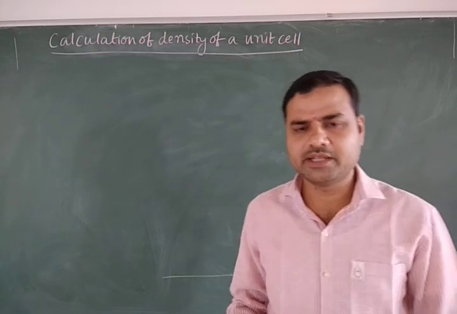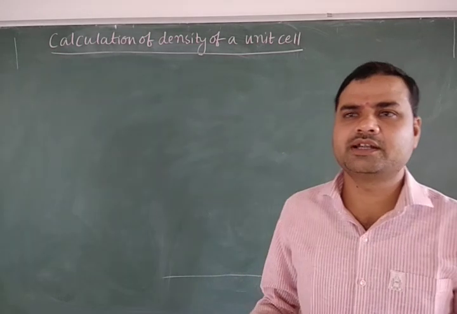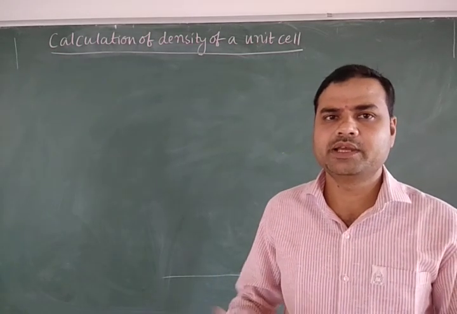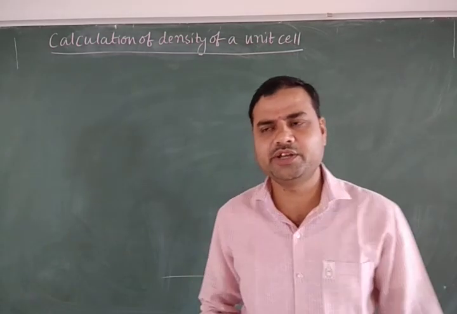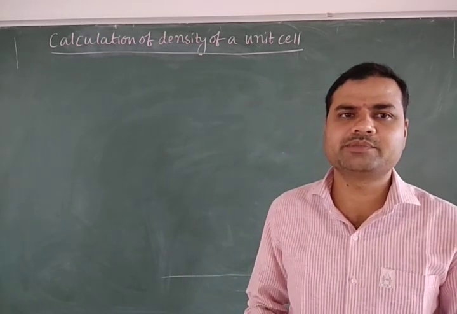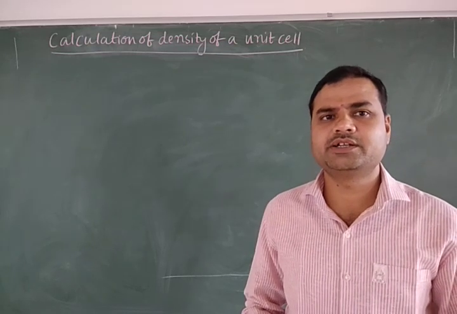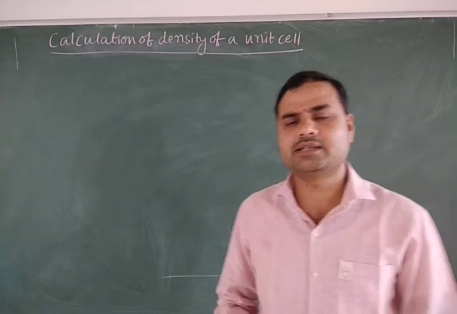And here also we are applying the same formula, but it is somewhat different from the normal calculation of density, because you know that in the unit cell, for example, if you take a primitive unit cell, how many atoms are there? 1. If you take the BCC unit cell, body centered cubic unit cell, here atoms are present at the corners as well as the center of the body.